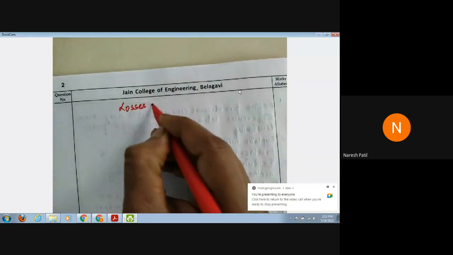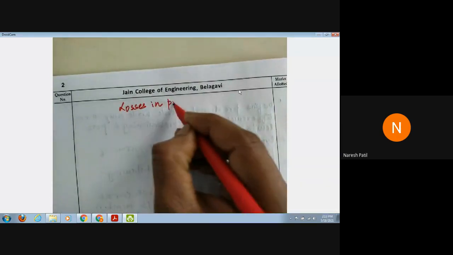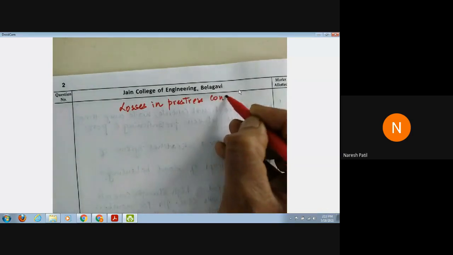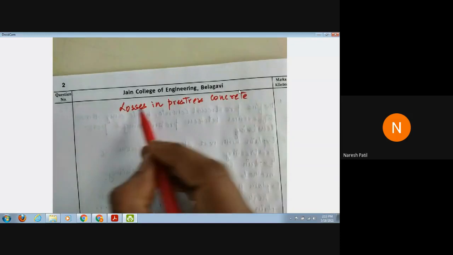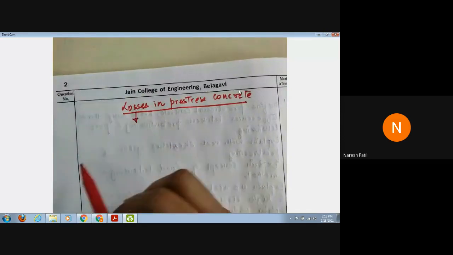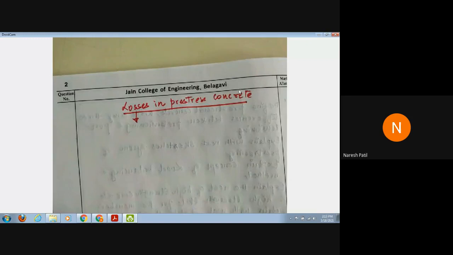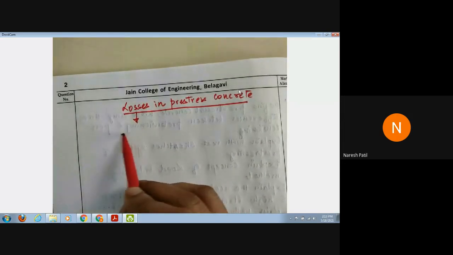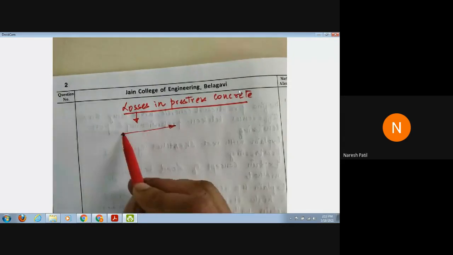Losses in pre-stress concrete. Okay, so what is loss here? As I told, the cable will be stretched in the pre-stress concrete method.